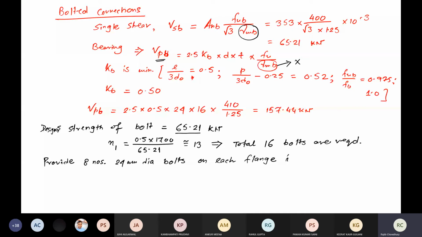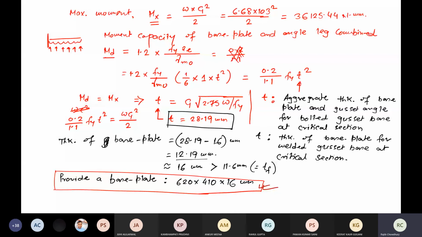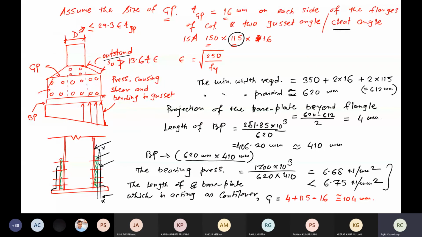Previously we calculated the base plate. We have already assumed the thickness of the gusset plate and the size of the cleat angle or gusset angle.